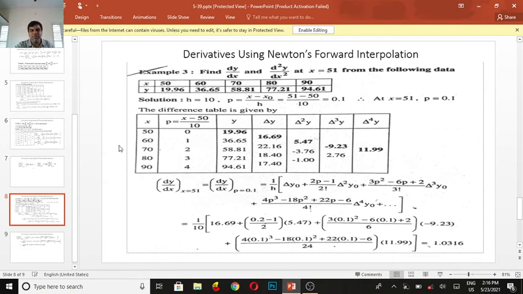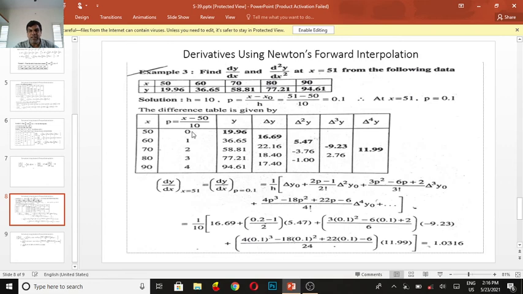Take the table: x equal to 50, 60, 70, 80, 90. So p is x minus 50 divided by 10. Put x equal to 50: 50 minus 50 divided by 10 is 0. Put x equal to 60: 60 minus 50 divided by 10 is 1. x equal to 70: 70 minus 50 divided by 10 is 2. x equal to 80: 80 minus 50 is 30, divided by 10 is 3.